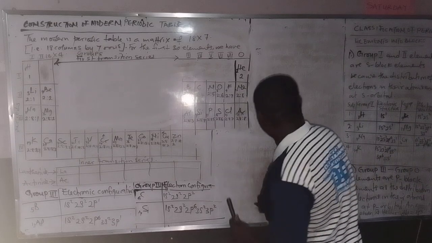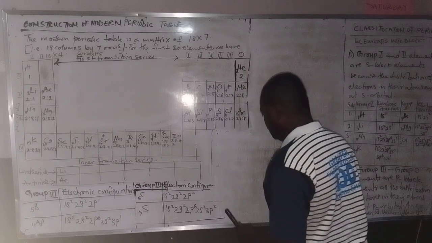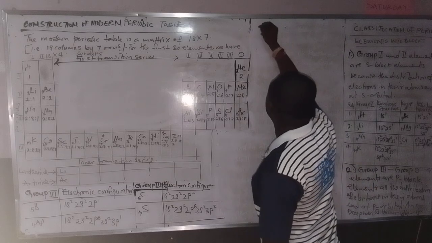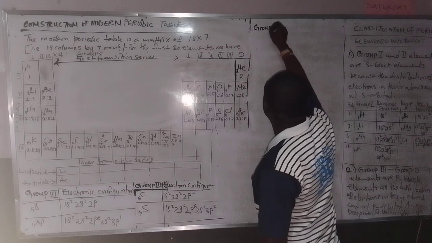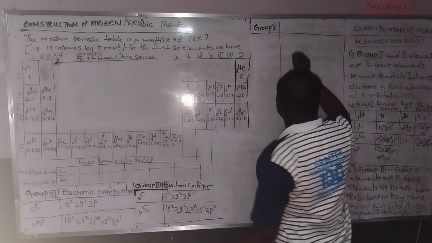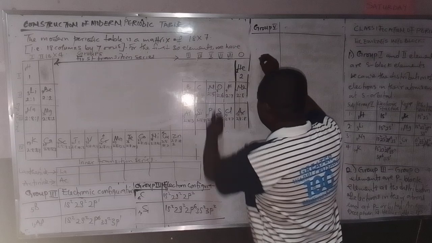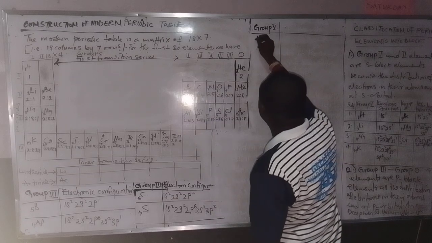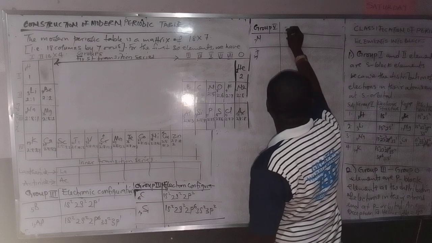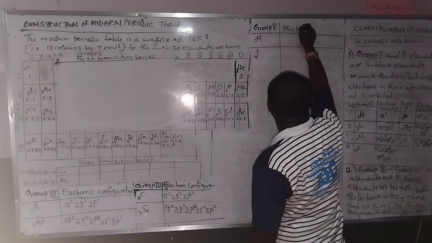Let's check another one here. Let's look at group 5. In group 5, I have what? Nitrogen and phosphorus. Nitrogen 7 and phosphorus 15. So I have electron configuration.